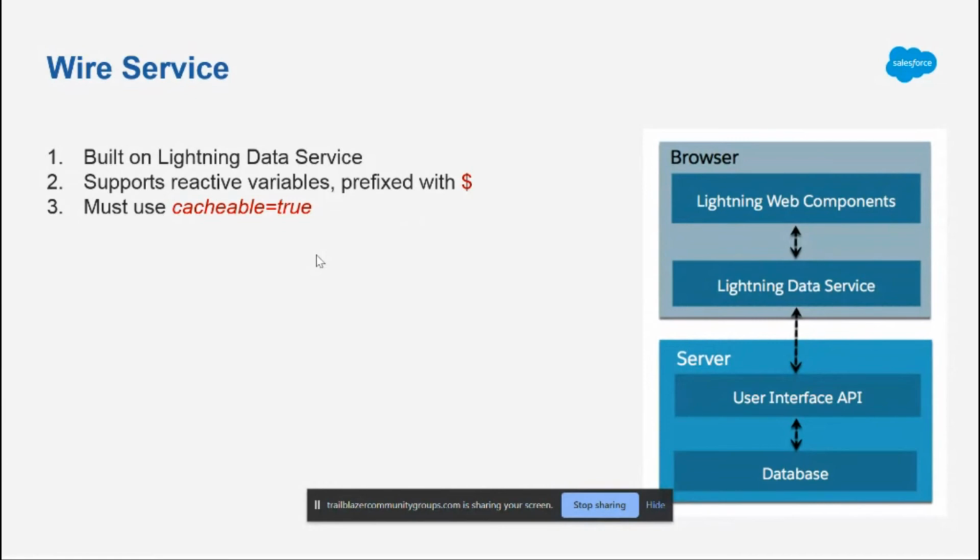That's why setting cacheable to true here is a must. Notice that it was not obligatory while calling the function imperatively. But here, if you are using wire service to call an Apex method, it must be marked as cacheable equals true. So let's go to the code to see this in action.